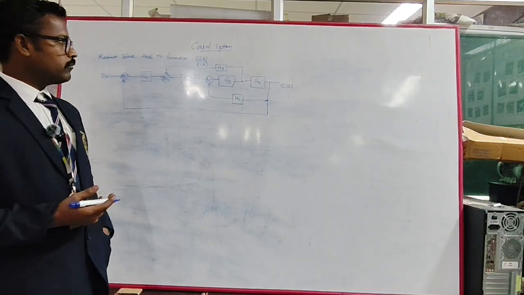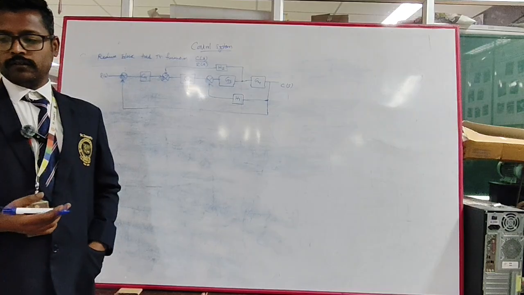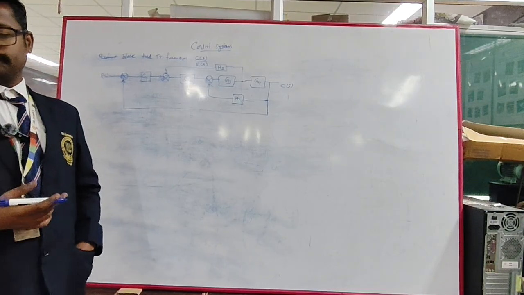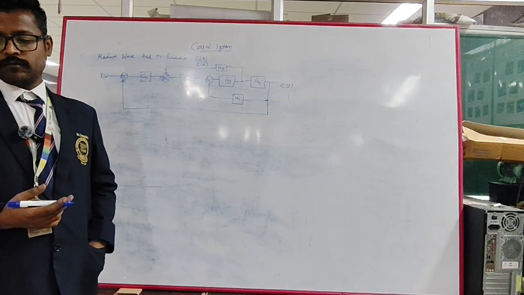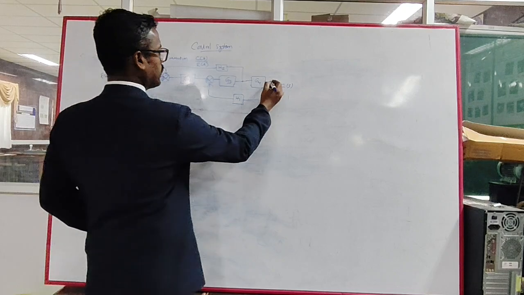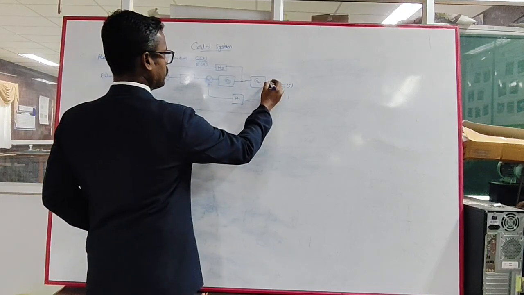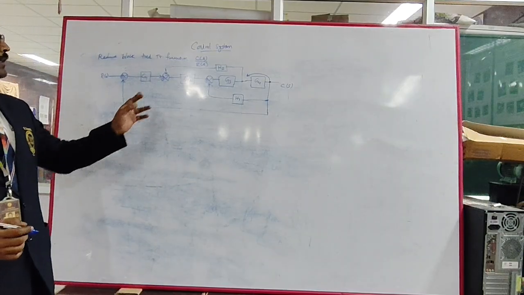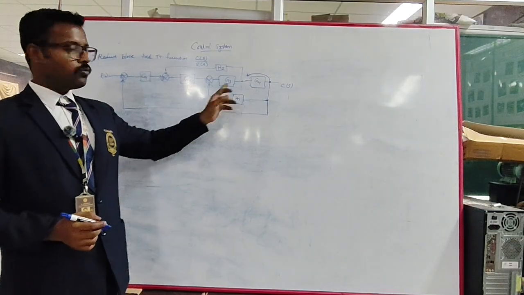Which branch point can we move? Either this one or this one. Because you have 2 branch points, we can move this point to this point.